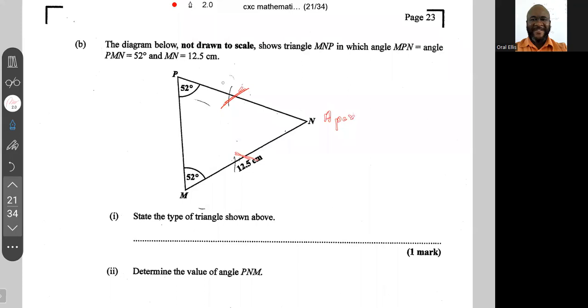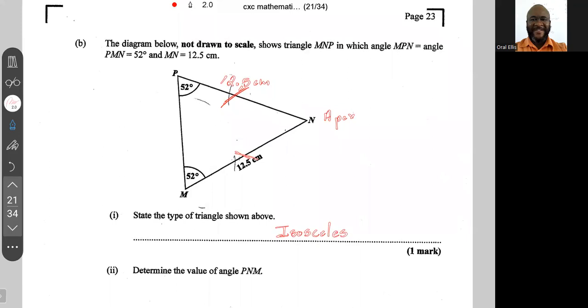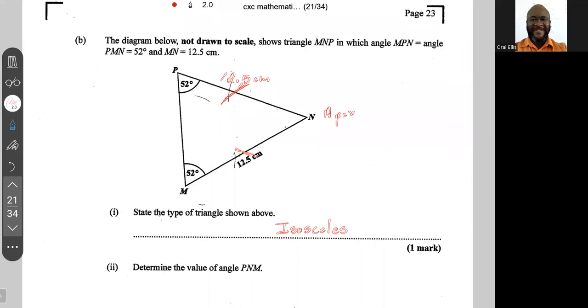And this side is also 12.5 centimeters. We're to state the type of triangle. It's an isosceles triangle. And we're to say the value of angle PNM.